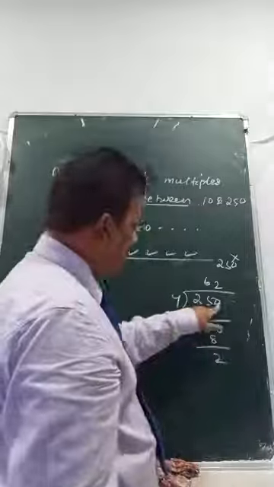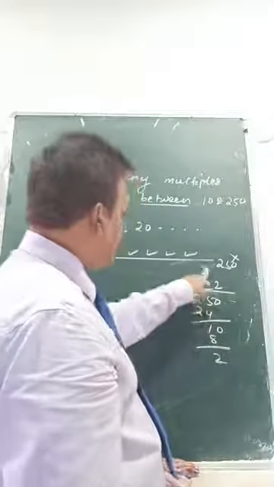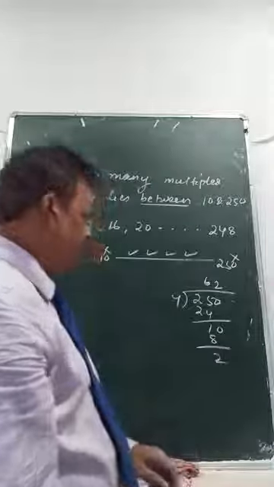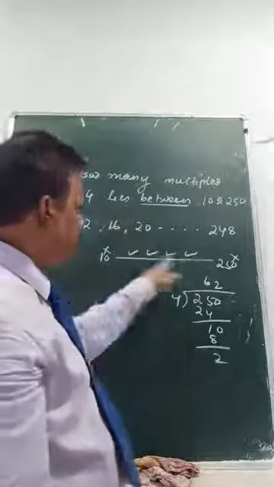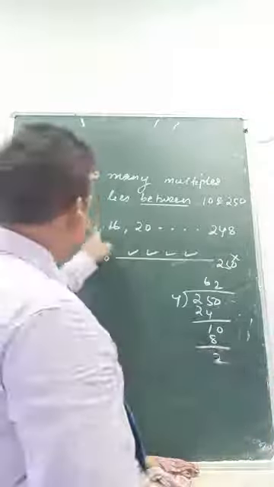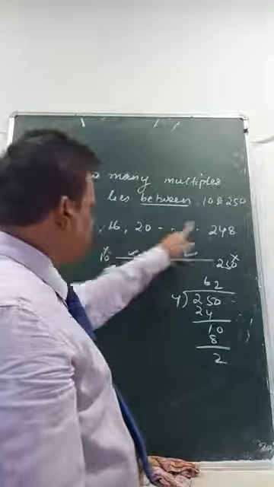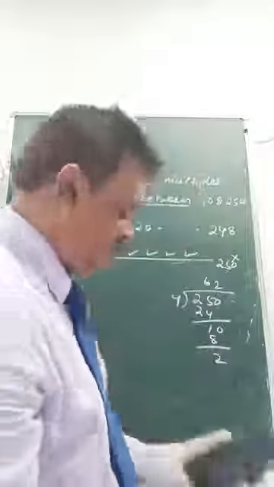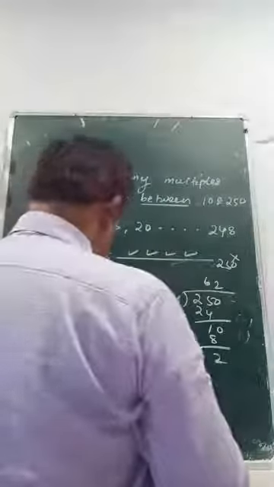The 2 you have to subtract, because you have to find a number between, that is 248. Before 250 that will be 248. Now you can find out A is this, D is this, N is this. Okay? You can try. Next.